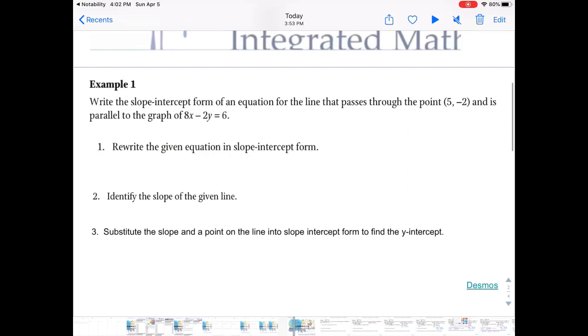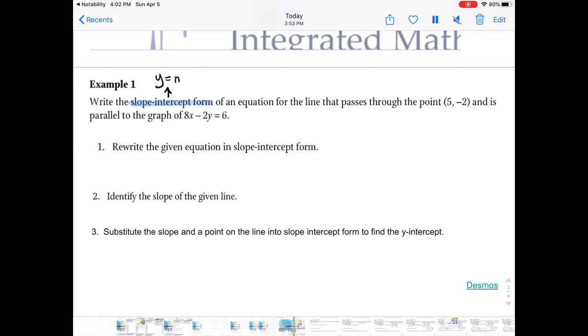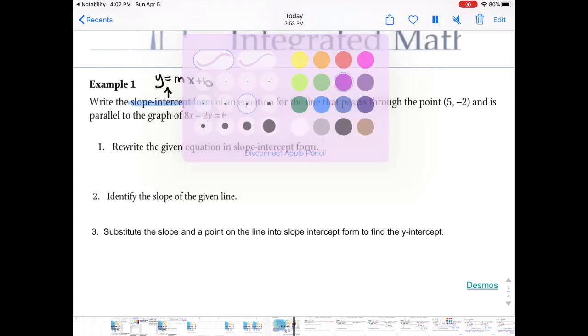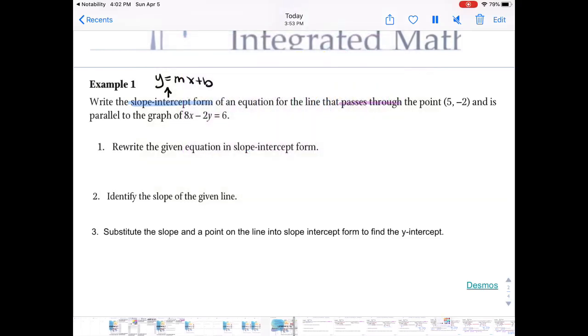So let's go through and identify the key parts here. The first thing it said is write the slope-intercept form. So hopefully you remember that means we are going to write y equals mx plus b form. It says of the line that passes through the point (5, -2).